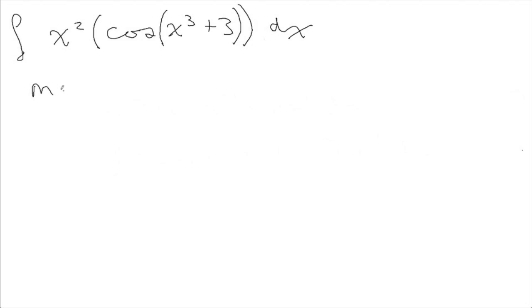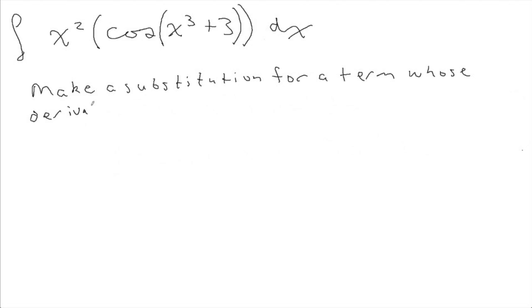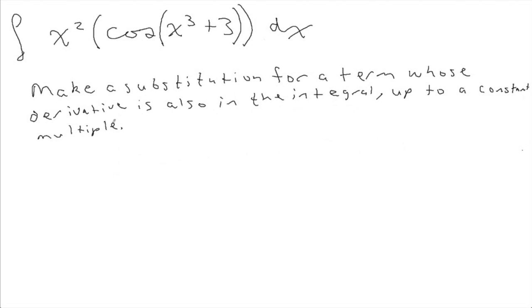Make a substitution for a term whose derivative is also in the integral, up to a constant multiple. So we'll have to look at an example to see what that means.